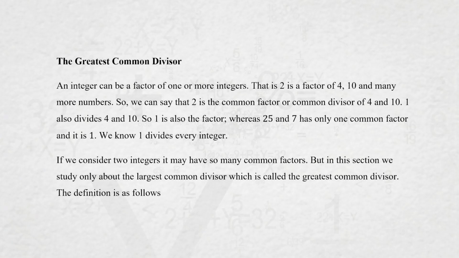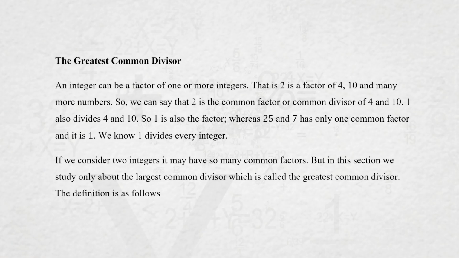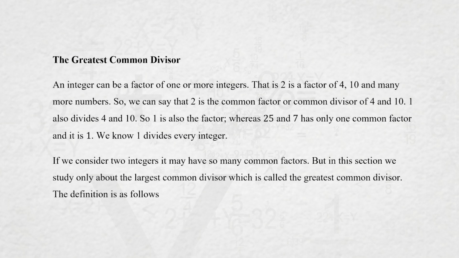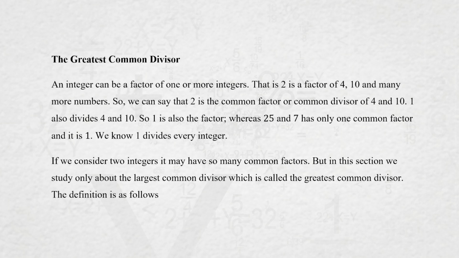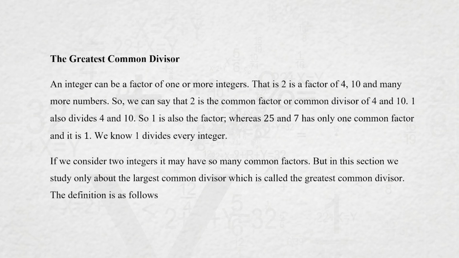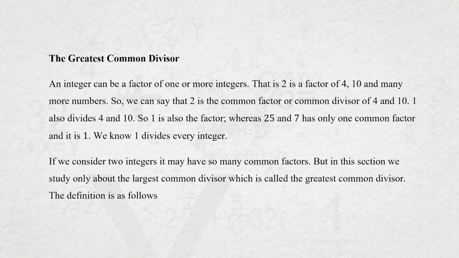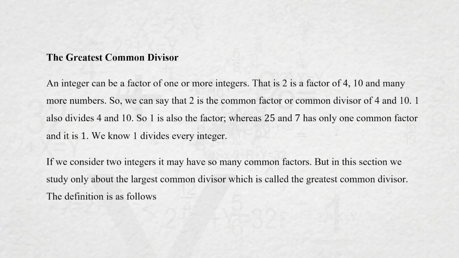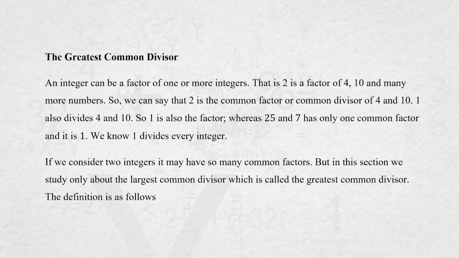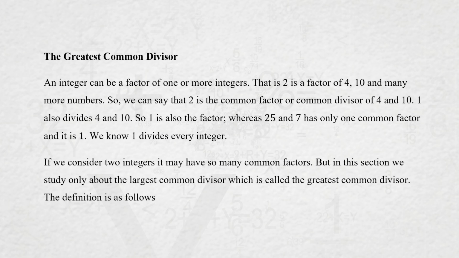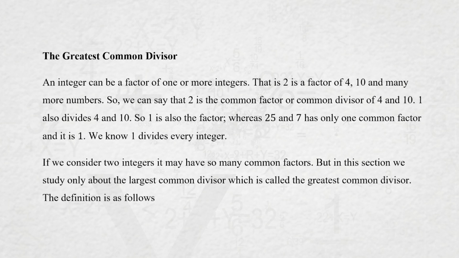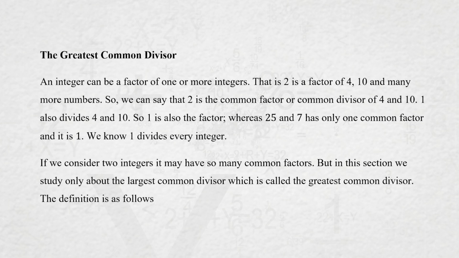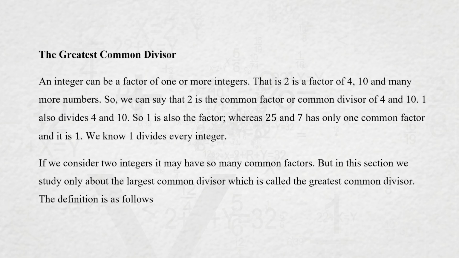Now, we shall see the definition of greatest common divisor. An integer can be a factor of 1 or more integers, that is 2 is a factor of 4 and 10 and many more numbers. So, we can say that 2 is a common factor or common divisor of 4 and 10. 1 also divides 4 and 10, so 1 is also a factor, whereas 25 and 7 have only one common factor and it is 1.